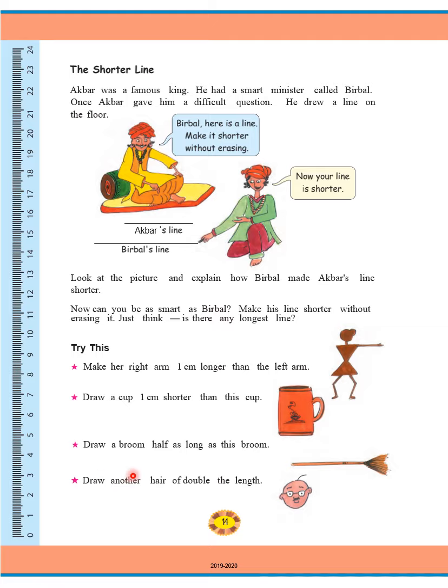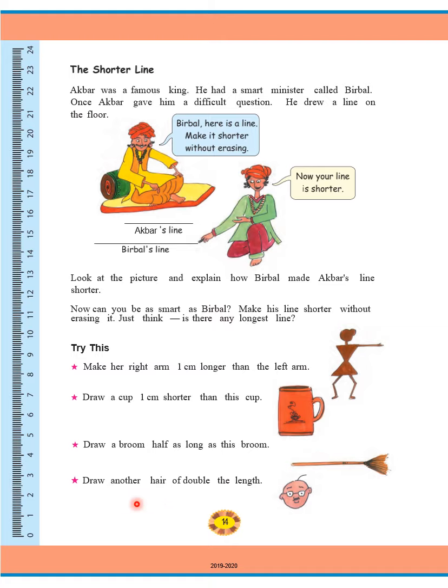Now the next is, draw a broom half as long as this broom. The length of this broom is around 3.8 centimeter, and half of 3.8 centimeter is 1.9 centimeter. So we will draw another broom which has a length of 1.9 centimeter.